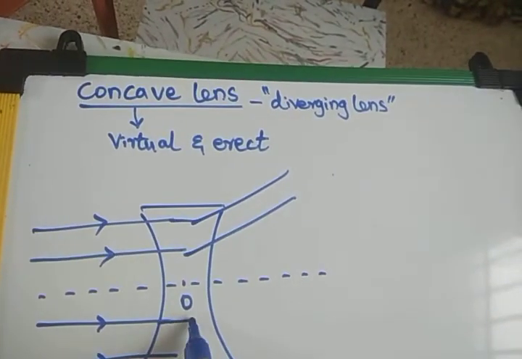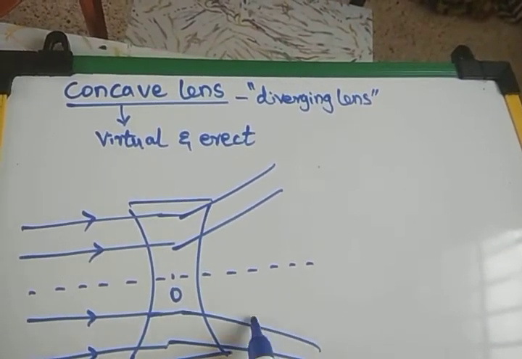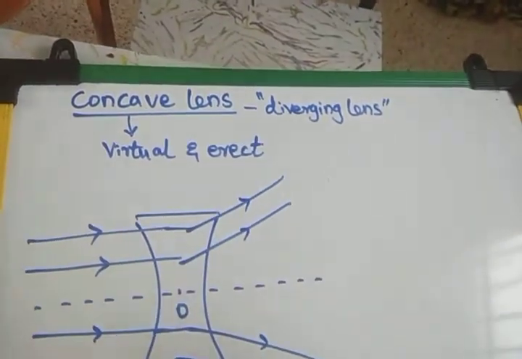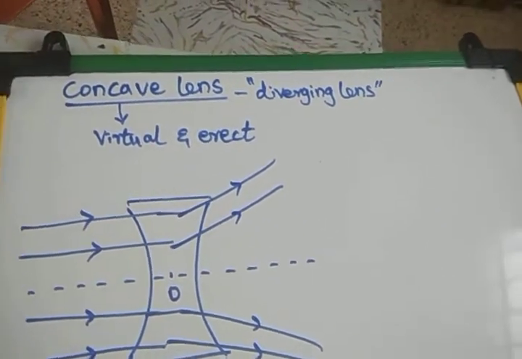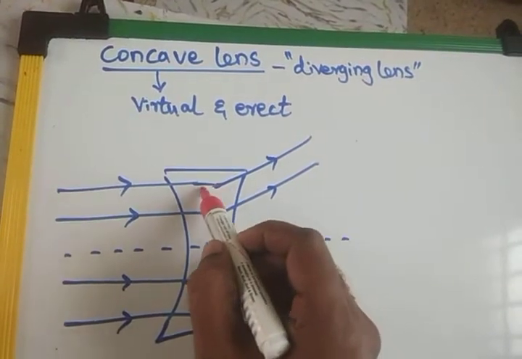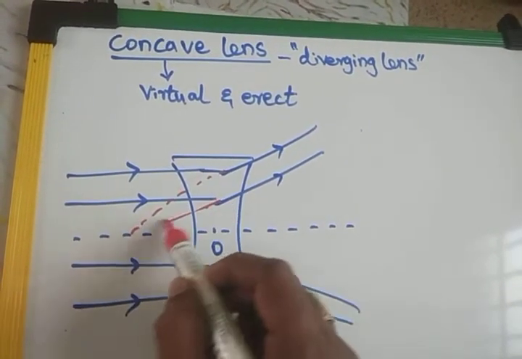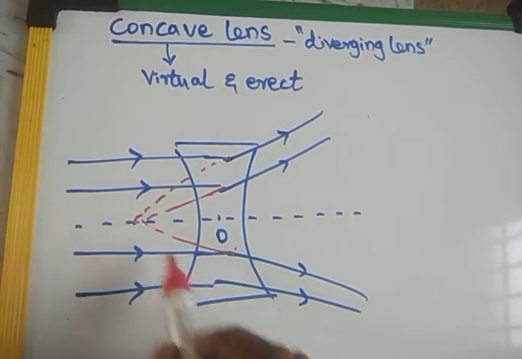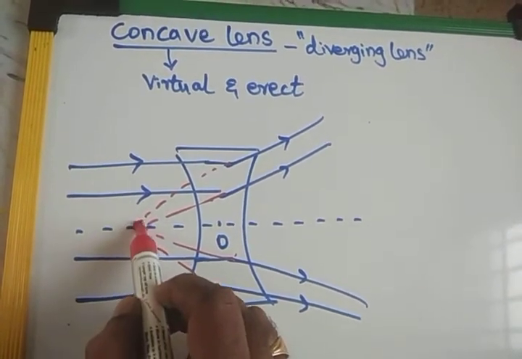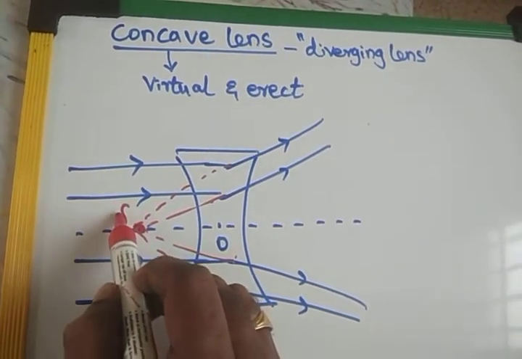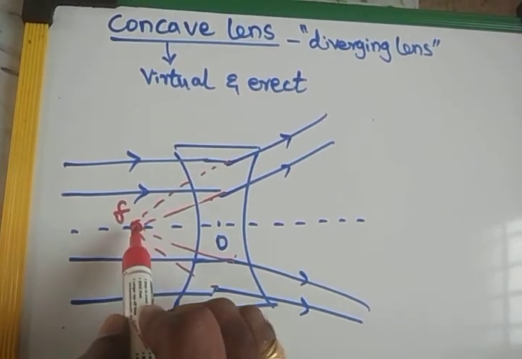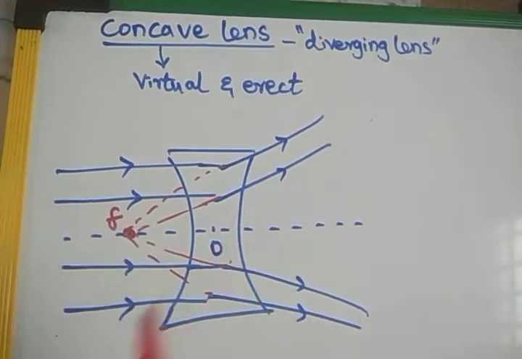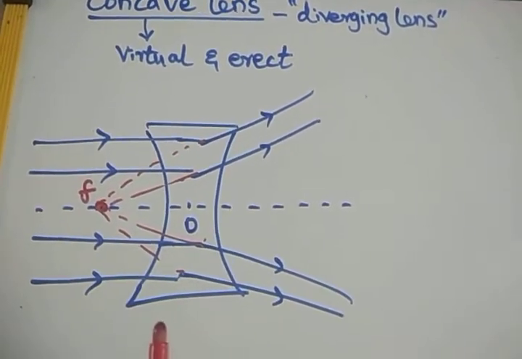If you extrapolate these diverged light rays, they appear to meet at one particular point. That point is the principal focus of the concave lens.